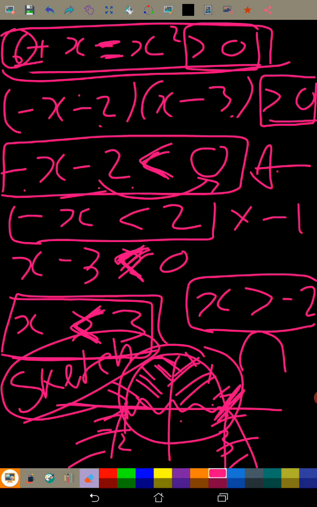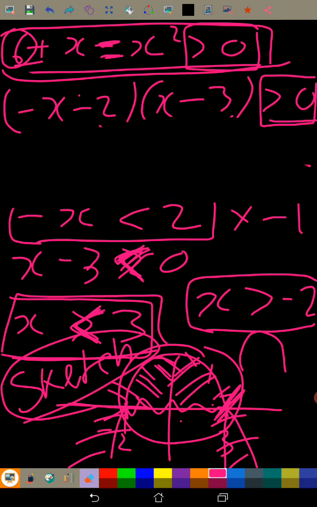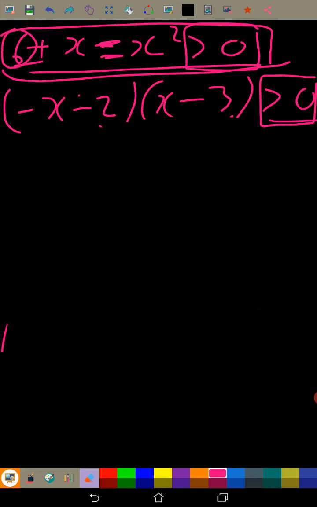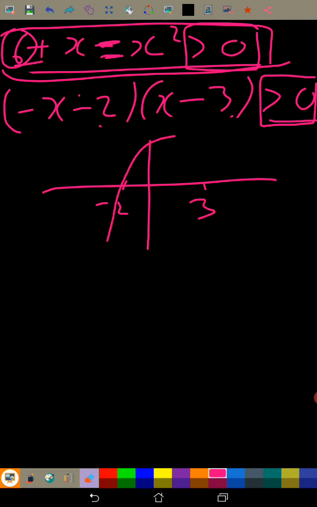So the result, I will erase everything. I will draw my thing here. I know it's -2 here. I know it's 3 here. And I know it's going to be like that, crossing these points. And just to be on the safe side, I like to do -b over 2a, the line of symmetry.